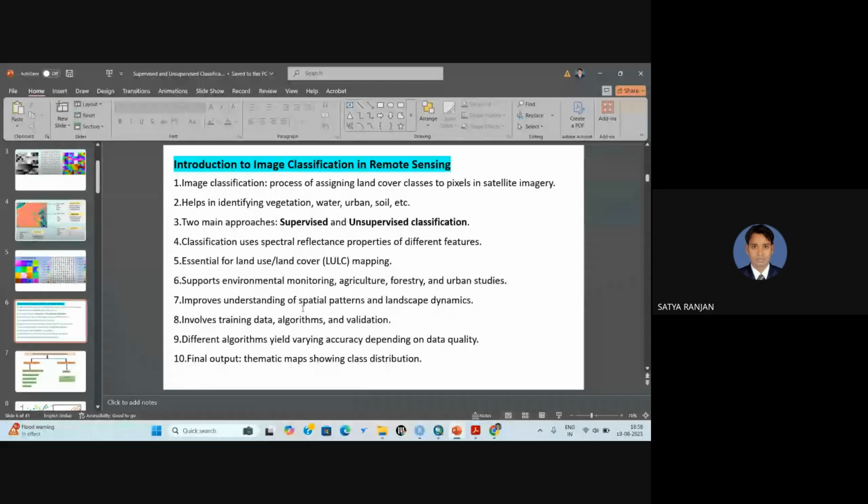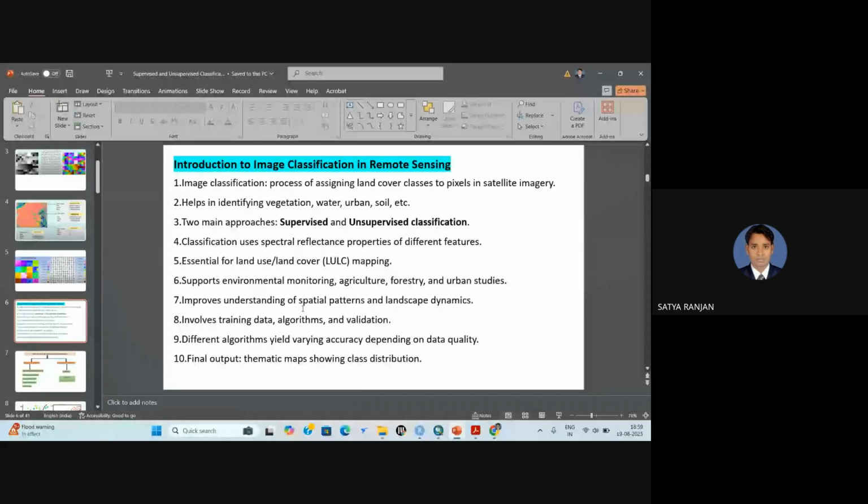Suppose we have the Landsat 5 data and the Sentinel 2 data. The accuracy is more in the Sentinel 2 data because Sentinel 2 is 10-meter spatial resolution and Landsat 5 is 30-meter spatial resolution. So likewise, the resolution is one of the important factors for the identification of the features.